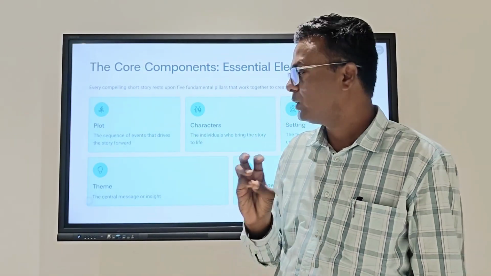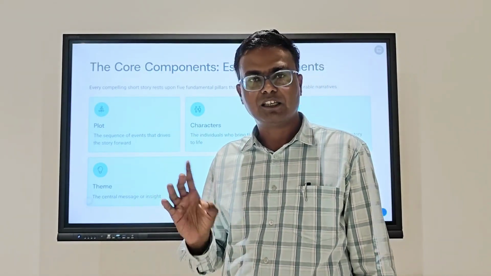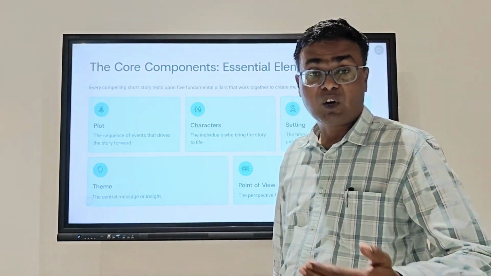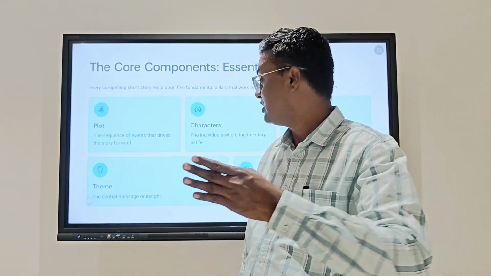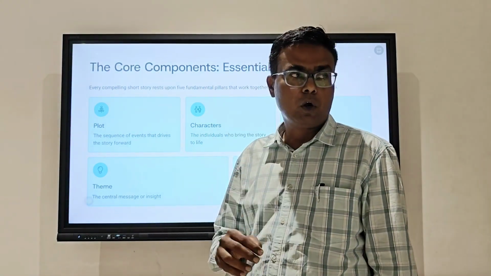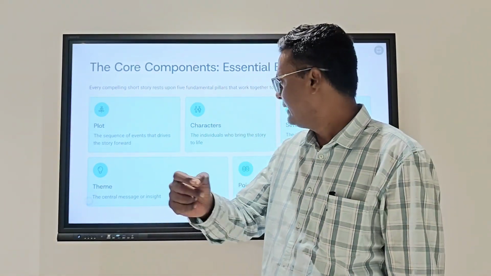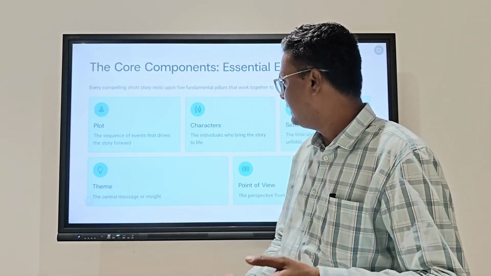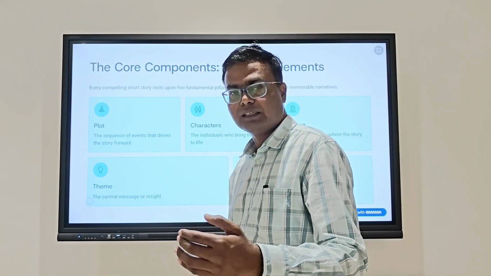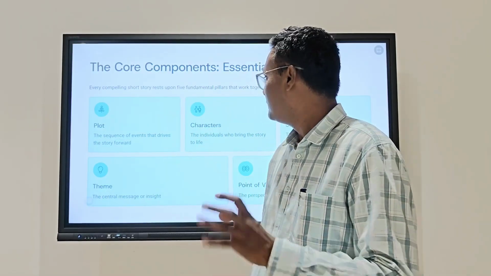There are five events, first, second, third, fourth, and fifth. But what about the plot? These events are not organized serially. It means that the events in plot do not occur in a linear way. That is the artistic representation of events. That is the plot. Understand?